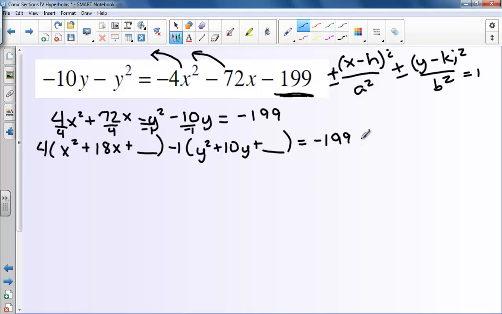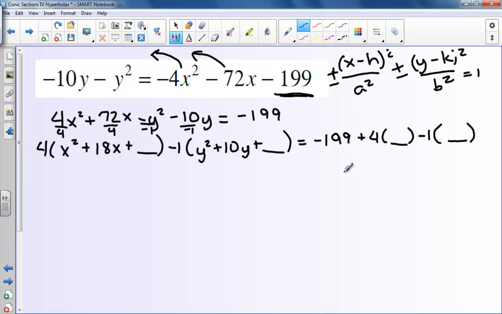Right, and then remember here that I did not just add b over 2 squared. I actually have to multiply that by 4 also. So we're going to go 4 times my b over 2 squared here. And then I had a negative 1 times my b over 2 squared here.